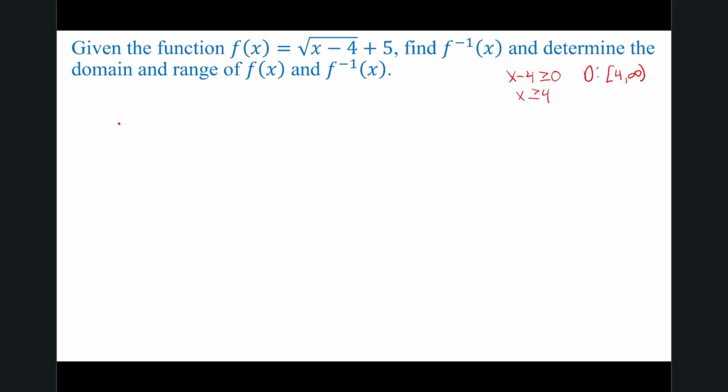If I find the inverse, I'm going to write this first as y equals the square root of x minus 4 plus 5. Switch the x's and y's, and I have x equals the square root of y minus 4 plus 5. And now I'm going to solve for y. First I'll isolate the square root by subtracting 5 from both sides.